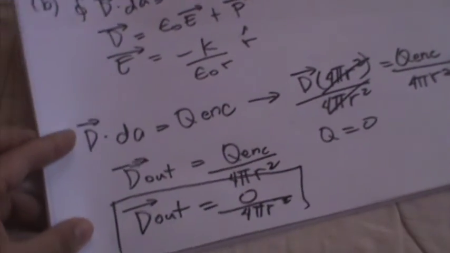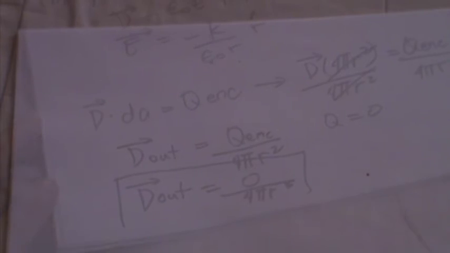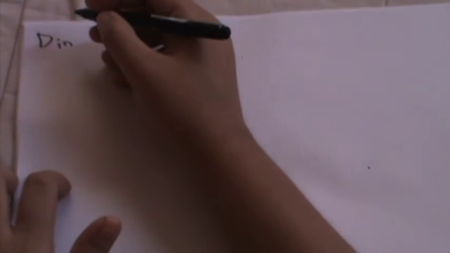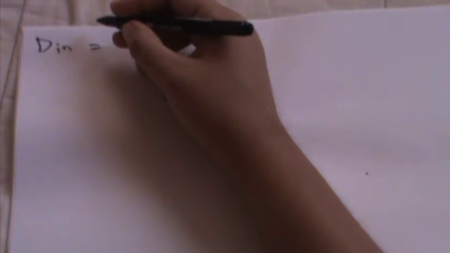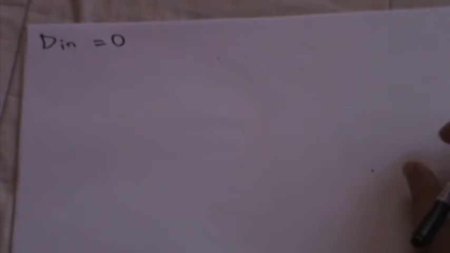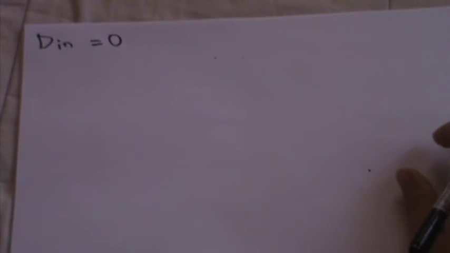If we do this too for the D in, it will be the same. So therefore, we can conclude that D in is also equal to 0. So if D in and D out are 0, therefore D is equal to 0 everywhere.